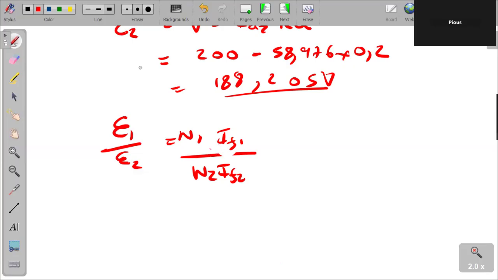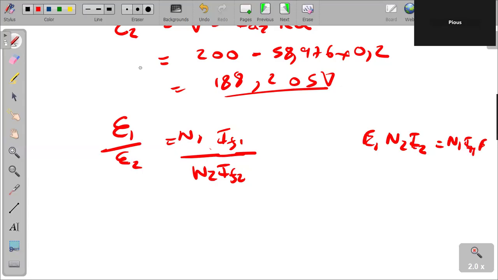It's explaining all this. Right, so having indicated that, remember, we are saying IF is equal to phi. Making N1 the subject in this scenario, we are just cross multiplying there. We get E1 multiplied by N2 times IF2 is equal to N1 IF1 multiplied by E2.